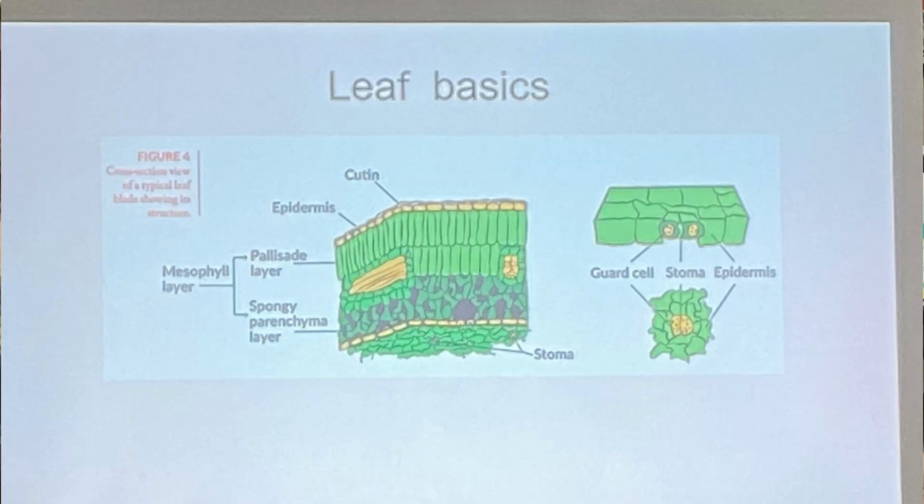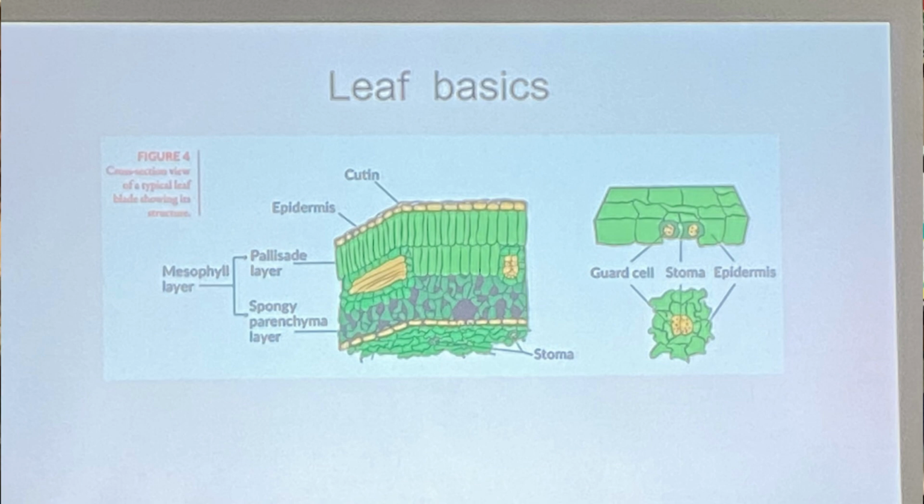As opposed to needles of evergreen trees, which are also leaves. There's an illustration, a cross-section of a typical leaf in its main parts, as would be seen through a microscope. Leaf basics.